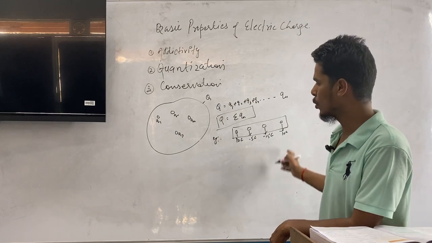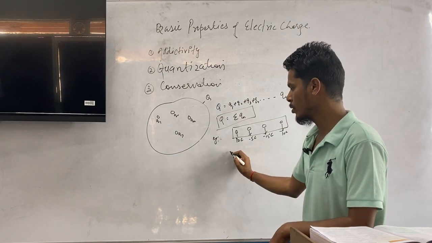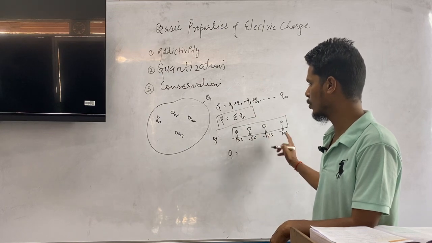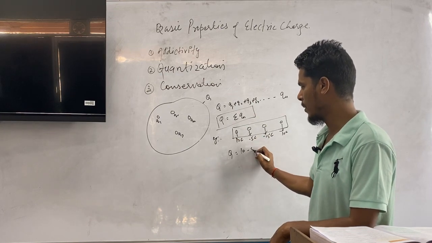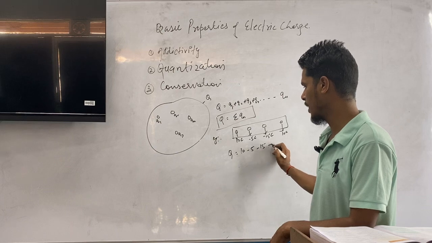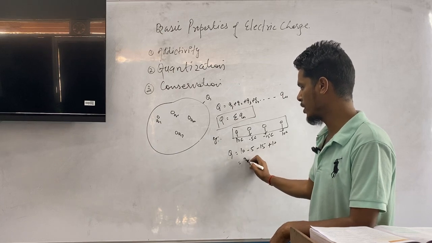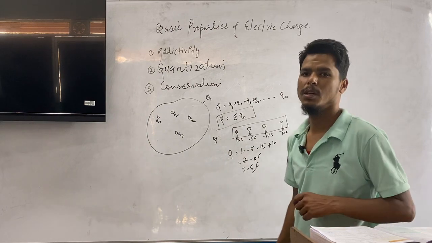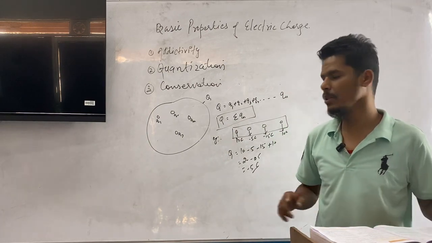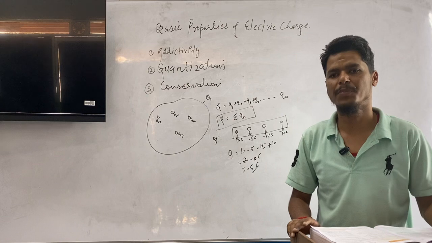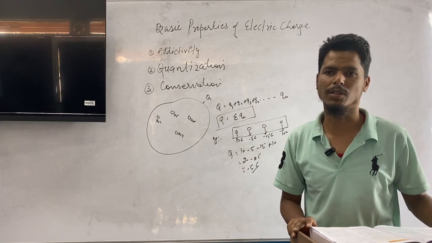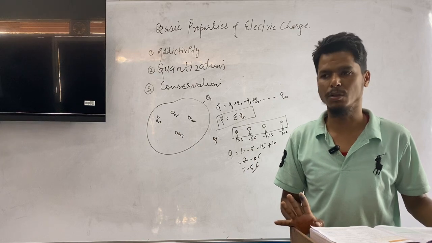Now I have to find the total charge on this iron rod. Q is equal to Q1 plus Q2 plus Q3 plus Q4. So this will be 10 minus 5 minus 15 plus 10. 10, 10, 20 minus 25, that is minus 5 coulomb. So the net charge on this body will be minus 5 coulomb. So this is the additivity property of electric charge. I hope you got it?